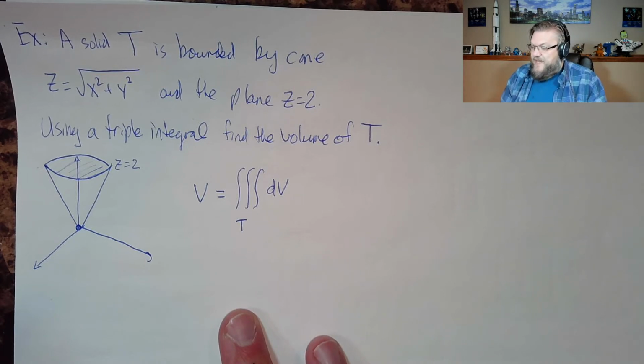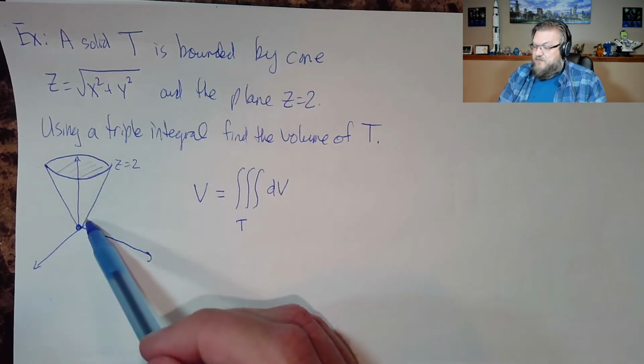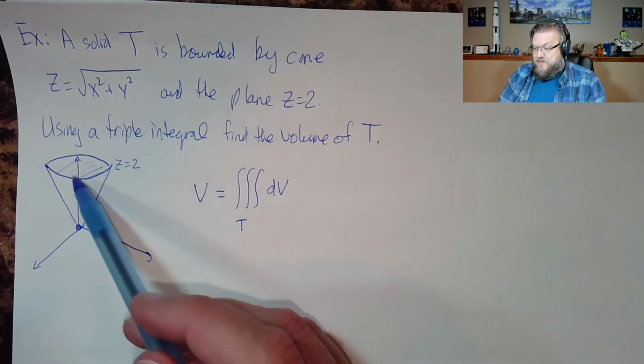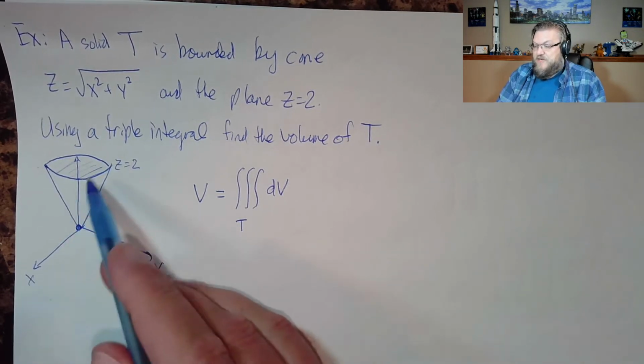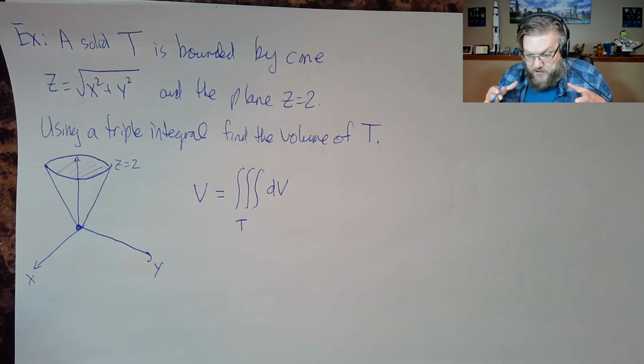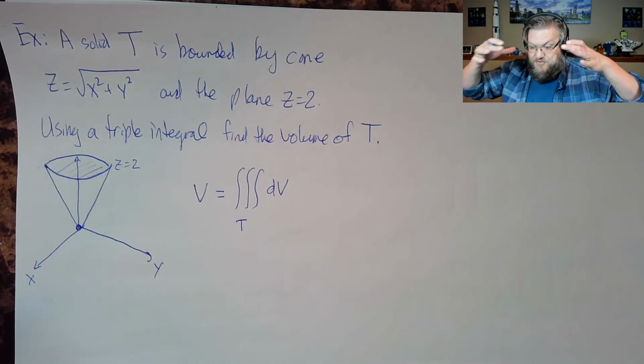But now I am going to want to use maybe cylindrical coordinates here, because I know if I'm going to integrate with respect to z first, I have to project this downward into the xy plane. And looking at this from above, looking down, all I'm going to see is that widest circle.